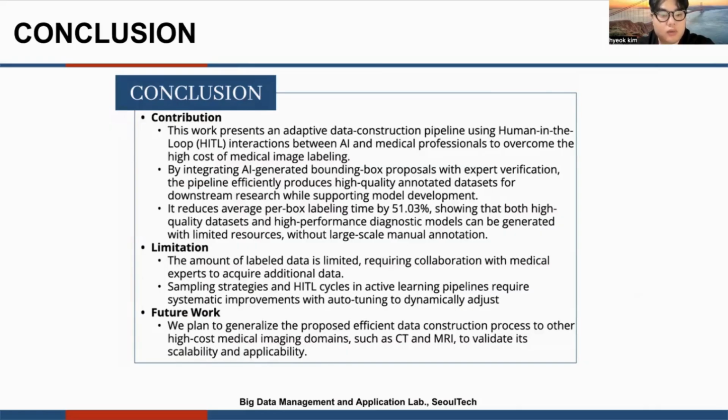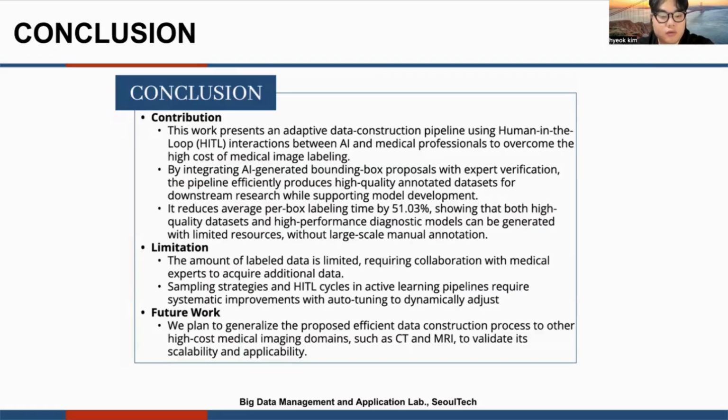For limitations, the amount of labeled data is limited, requiring collaboration with medical experts to acquire additional data. And sampling strategies and human-in-the-loop cycles in active learning pipelines require systematic improvements with auto-tuning to dynamically adjust.